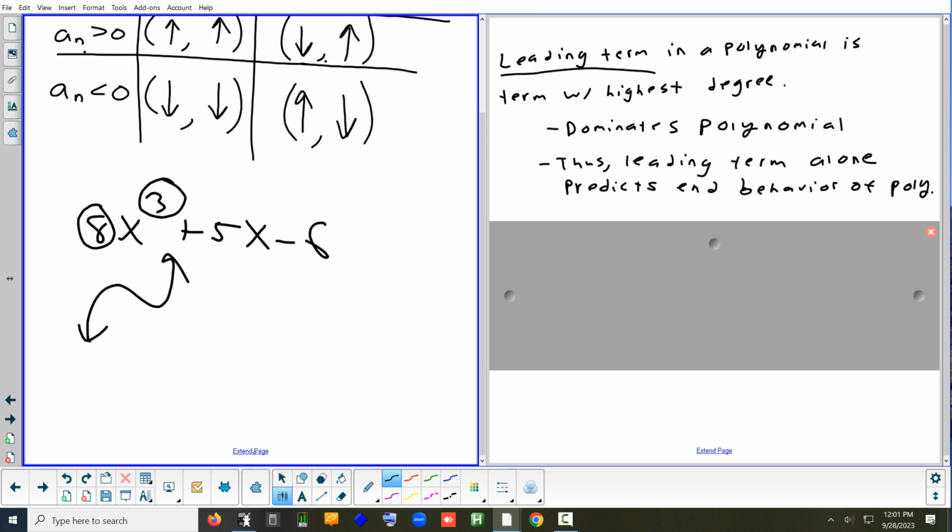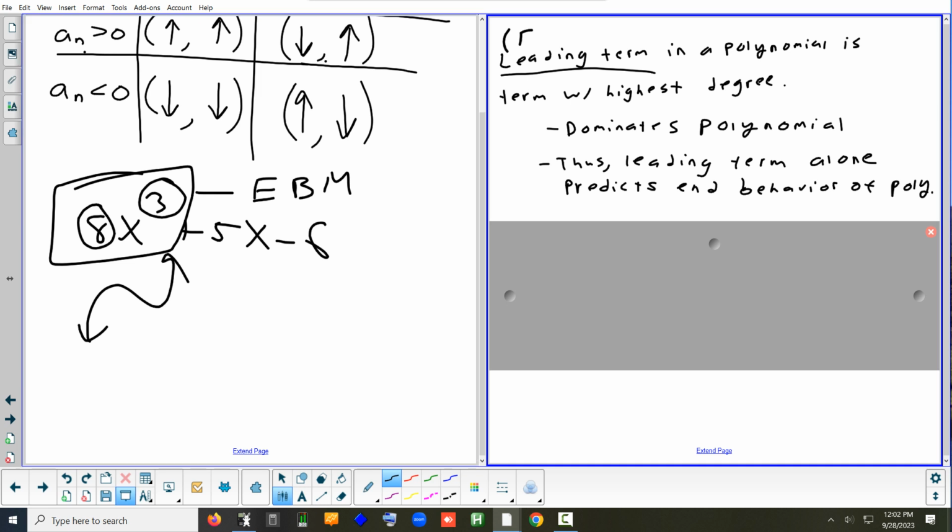And this term right here, 8x cubed, that's called the end behavior model. So the leading term, I'm just going to put in parentheses, is called the end behavior model.